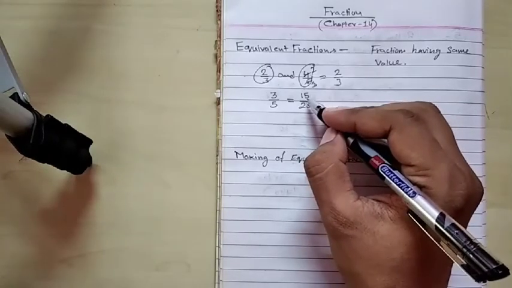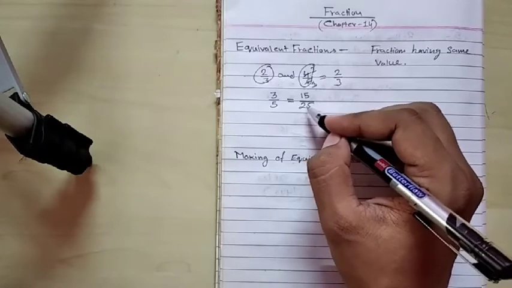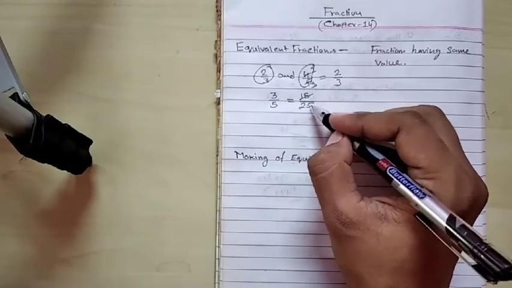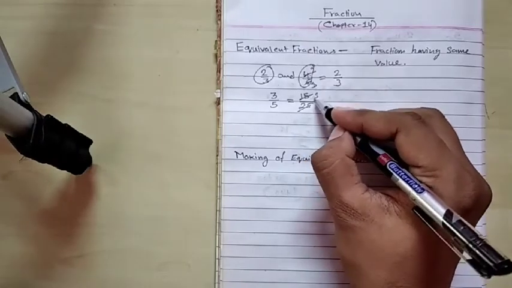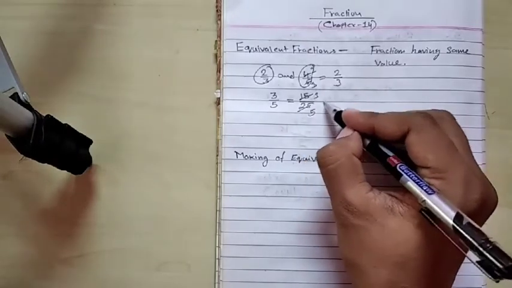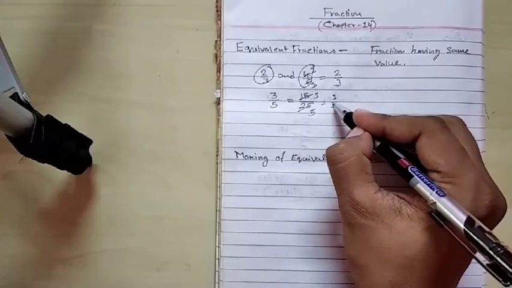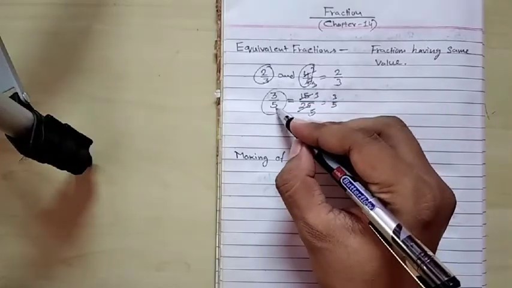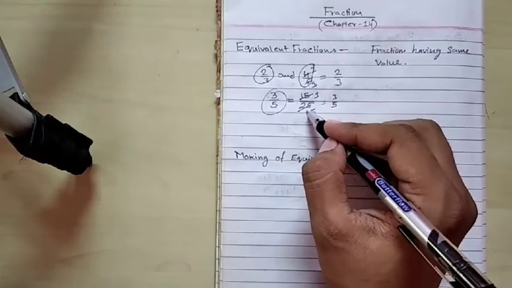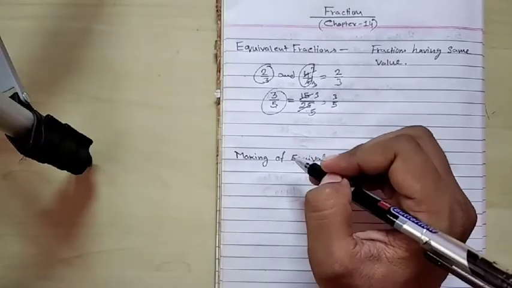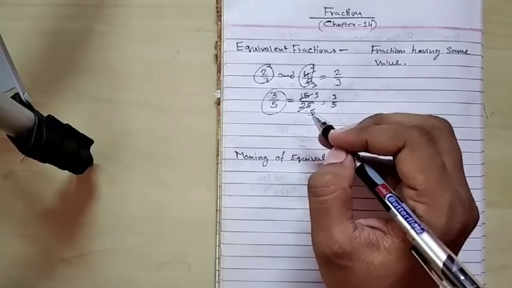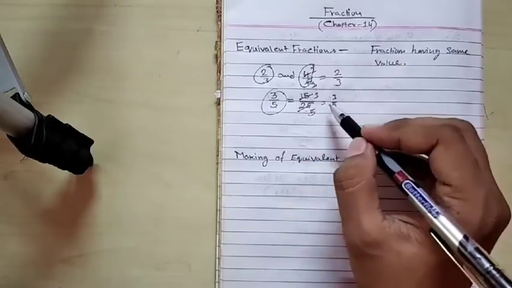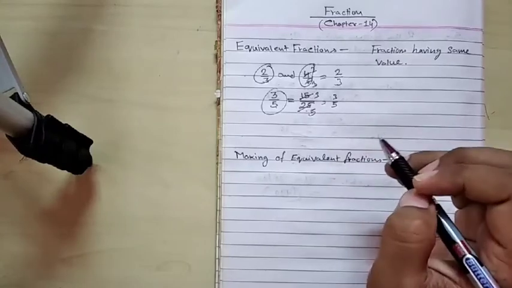Because 15 by 25 can be reduced to the lowest form if we divide it by 5. 5 threes are 15 and 5 fives are 25, so we will get 3 by 5. So we can say 3 by 5 and 15 by 25 are equivalent fractions. Got it? If two fractions have the same value, they are called equivalent fractions.